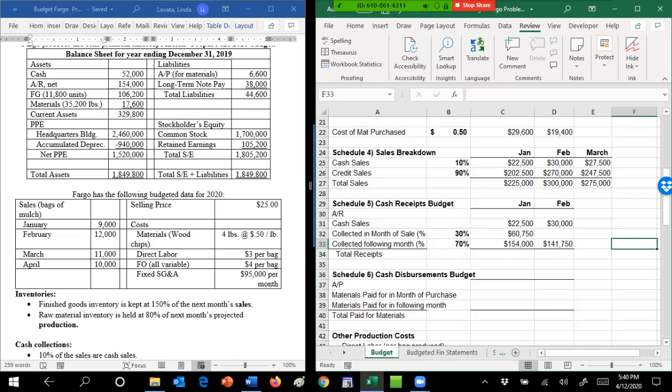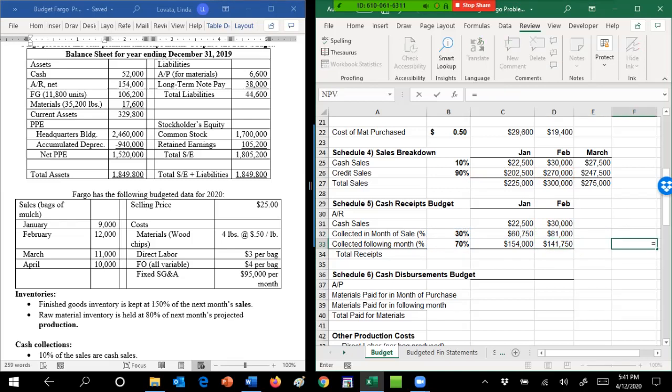One way to look at it, 30% of these people paid this month. The other will pay next month. There's your 202. So some of them paid this month, some of them will pay next month. So this number here, I'm going to go ahead and do the calculation. So collected this month, I'm going to have 30% of my February sales collected here.